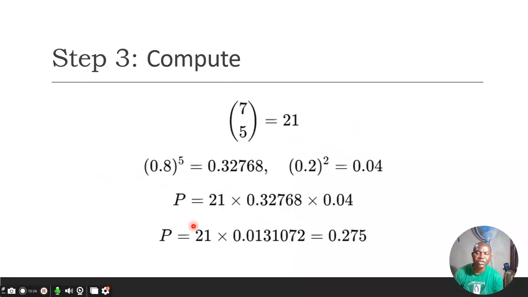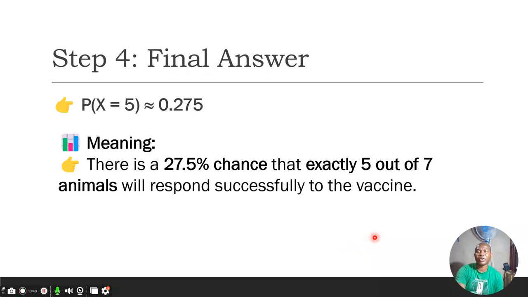When we compute, our final answer is 0.275. Good, 0.275. Now, but what does this final answer actually mean? It simply means that there is a 27.5% chance that exactly 5 out of 7 animals will actually respond successfully to our vaccine. I hope this is very, very clear.